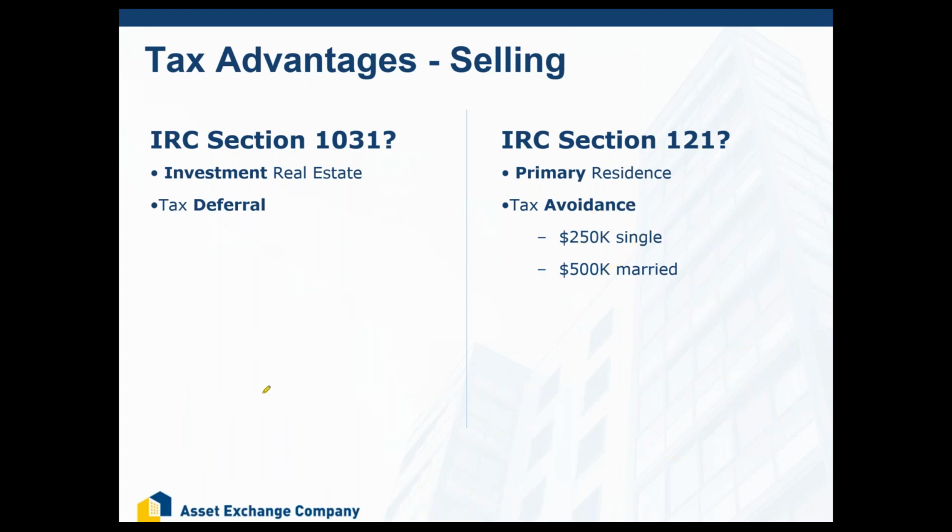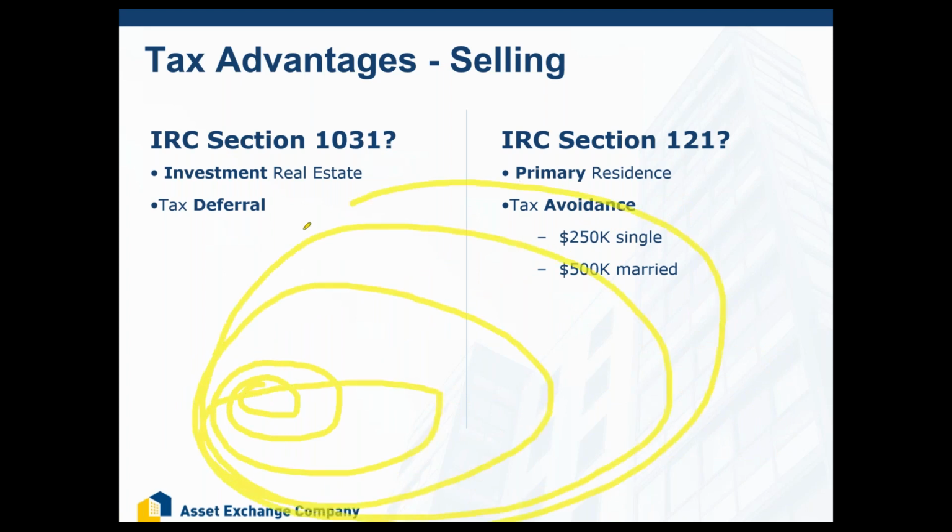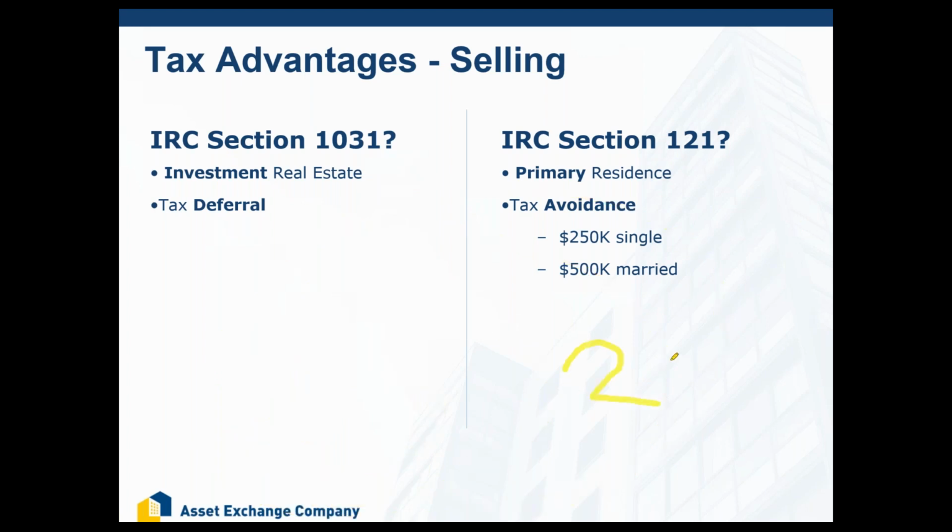What happens is you build a snowball of taxes that gets bigger and bigger with every successful transaction. So if you sell that 20-unit apartment building, you pay all of the taxes from all of the previous transactions. Now that's a bummer, right? You sell this 20-unit apartment building and you might owe $2 million in taxes.